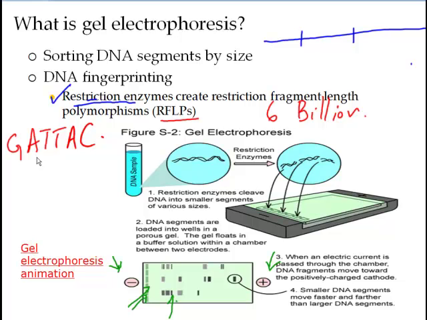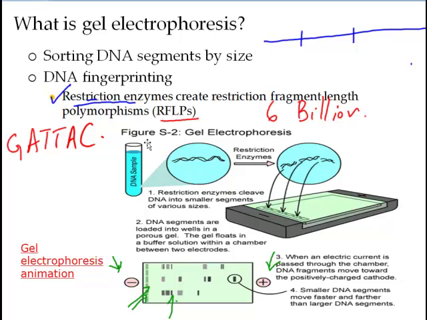Otherwise, they will not be related. So you could get segments that are present in certain families, siblings, or from mother, son, or daughter, father, and such relationships. And if you compare those segments, you will have similarities.